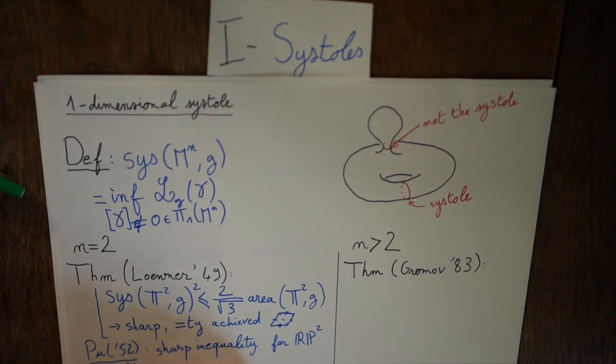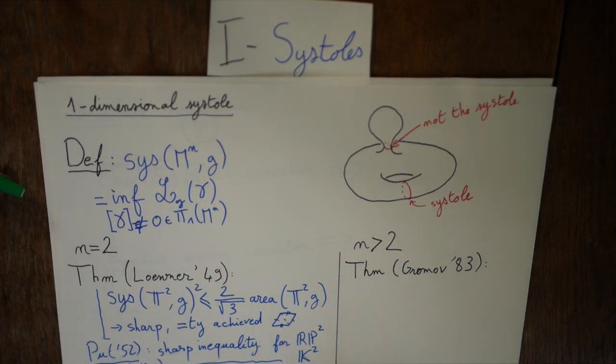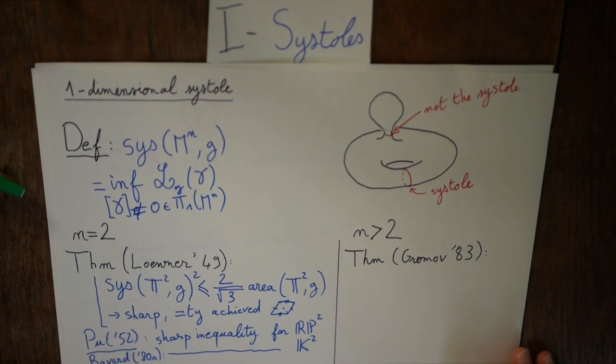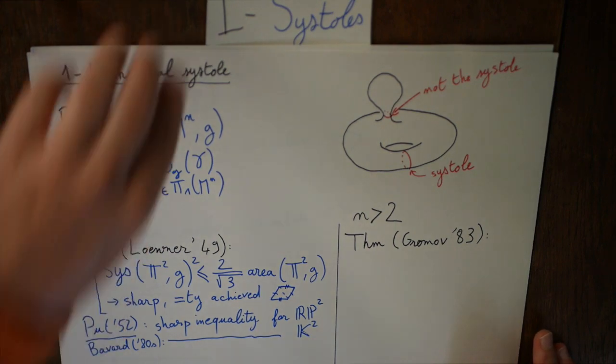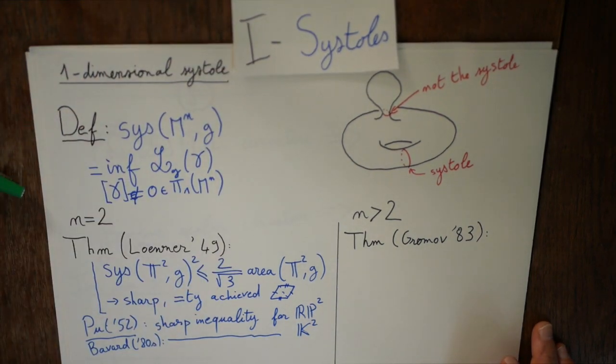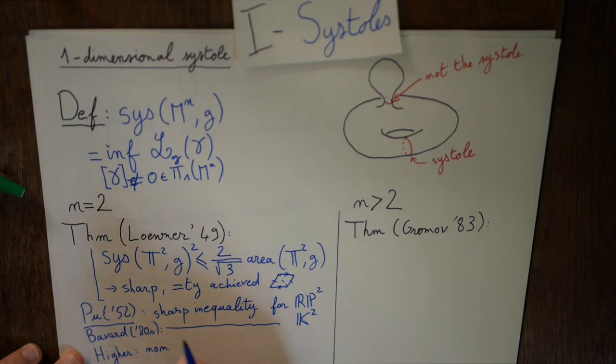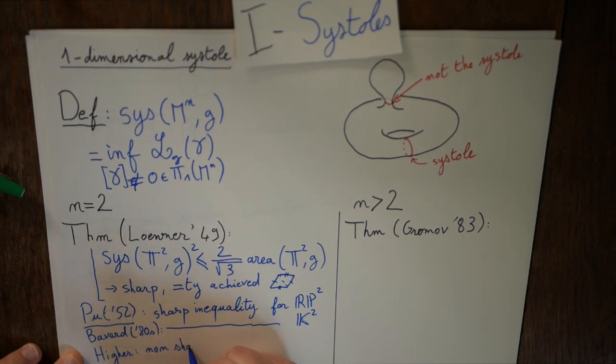So Bavard in the 80s also got a sharp inequality for the Klein bottle, and then in higher genus there have been non-sharp inequalities.